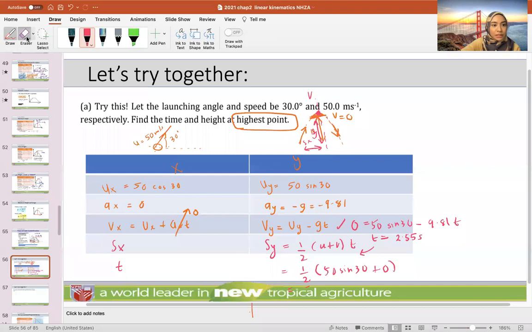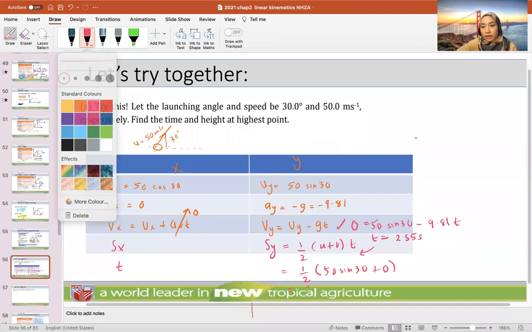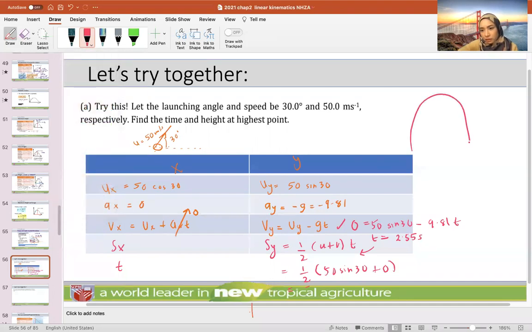Lah lukisan pun. Sekejap, saya buat lukis balik. Okay, let's redraw that. So ni besar sikit. Taklah besar sangat pun kan. Besar sikit lagi. Okay. So I want to say this is my Vy. This is my Uy. Therefore, if I use the value Vy over here, I am actually finding Sy. And if I use whatever value time over here, I am actually finding the Sx.